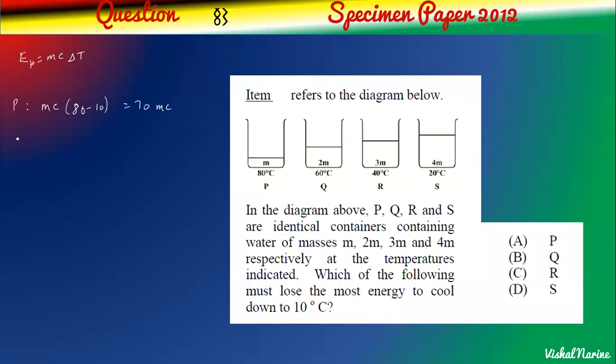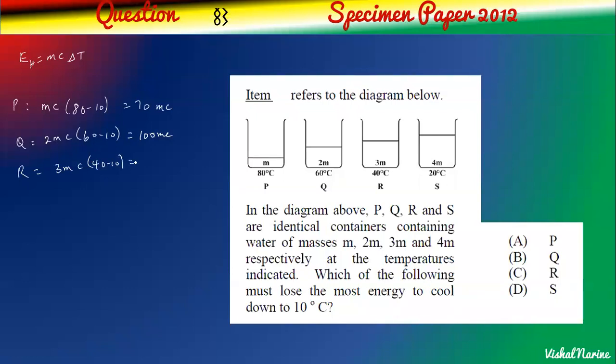For Q, that will equal 2m because this is double the mass, c again, and this is going to be 60 minus 10. Working all of that, you will end up with 100 mc. For R, we have 3m at this time, c, and the difference in temperature is going to be 40 minus 10.